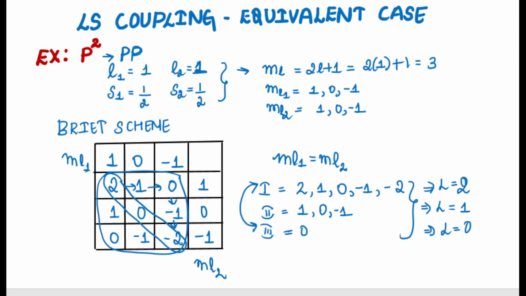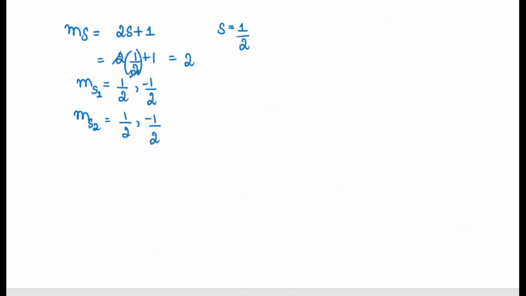In the last slide, we had the condition for the first set and the third set that ml1 is equal to ml2. I'm going to write the sets once again here. Set 1 is 2, 1, 0, minus 1, minus 2, where we get the ml values. Set 2 is 1, 0, minus 1.